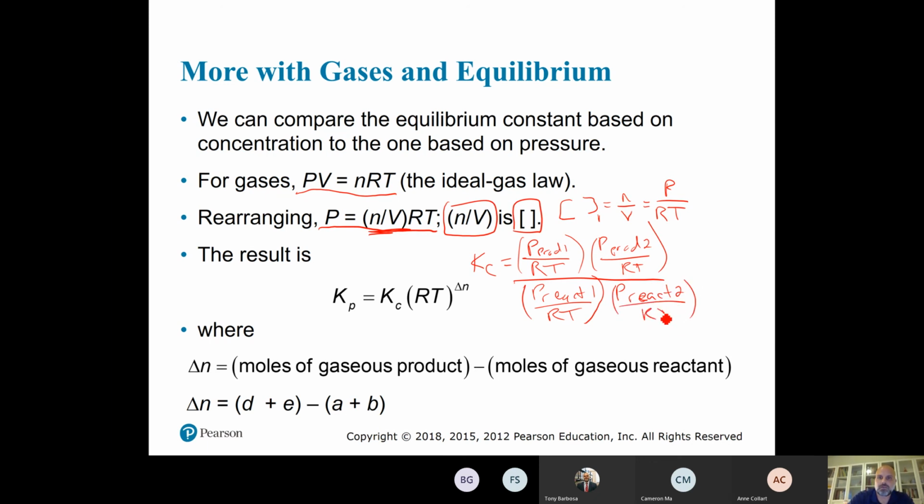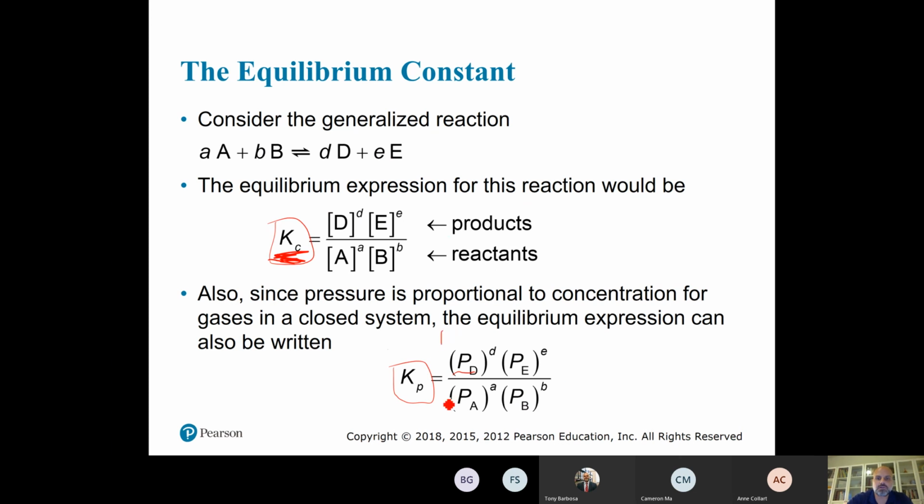And you can see how when you have an equation like this, all the RTs are eventually going to cancel. So you can rearrange this and essentially set it equal to the pressure equation here, where we've gotten rid of all the concentrations and basically just use pressures, and that's why we call it the Kp. So it's the exact same equation as Kc. All we did was substitute in for concentrations, and we get pressure out in the end.